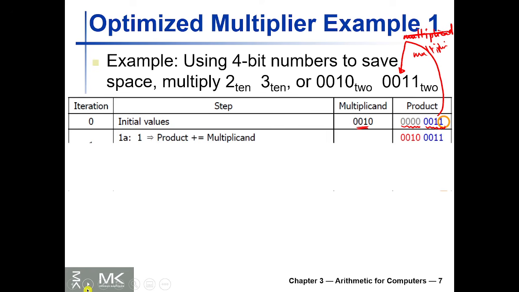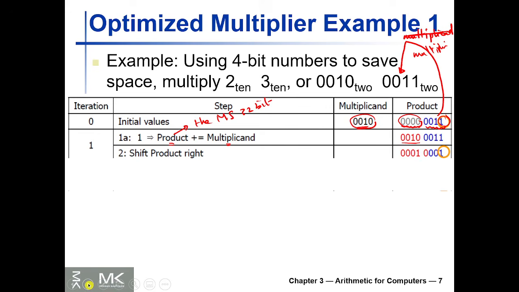So the first iteration has 2 internal steps. First, we check the least significant bit, which is 1 here, so we do the addition. We add the multiplicand to the most significant bits of the product, adding this value to these 4 zeros, which gives us 0 0 1 0.